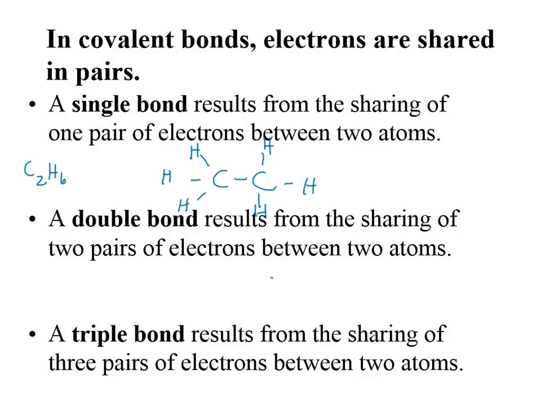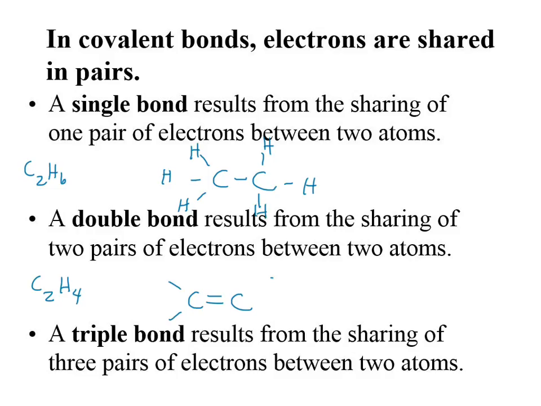All right. Well, sometimes we actually have what's called double bonds, and we do 2 dashes, and guess how many electrons there are? Not just 2, 4 electrons, yep. So now this is going to be C2H4. And it looks like this.